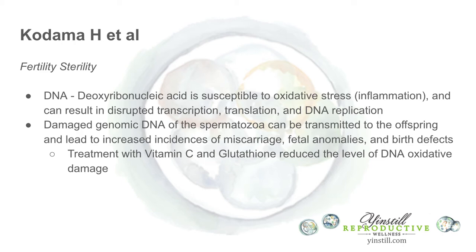So it's been suggested that damaged DNA of the sperm can be transmitted to the offspring and lead to increased incidence of miscarriage, fetal anomalies, and birth defects. They went on to show that treatment with vitamin C and glutathione reduced the level of a specific measure of DNA oxidative damage, which is very promising.